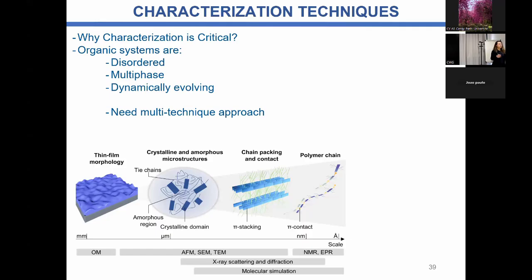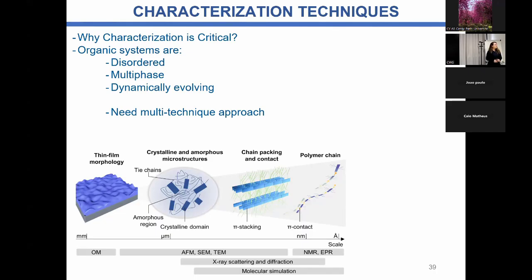sometimes what you see now, the stability also is related to this dynamically evolving, or even the technique itself can modify the property that you are seeing. So the organics are quite challenging this way, and this is the reason that you need this multi-technique approach.